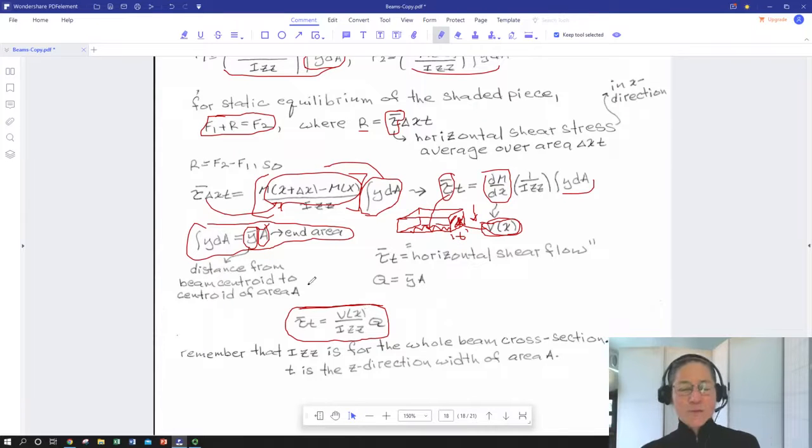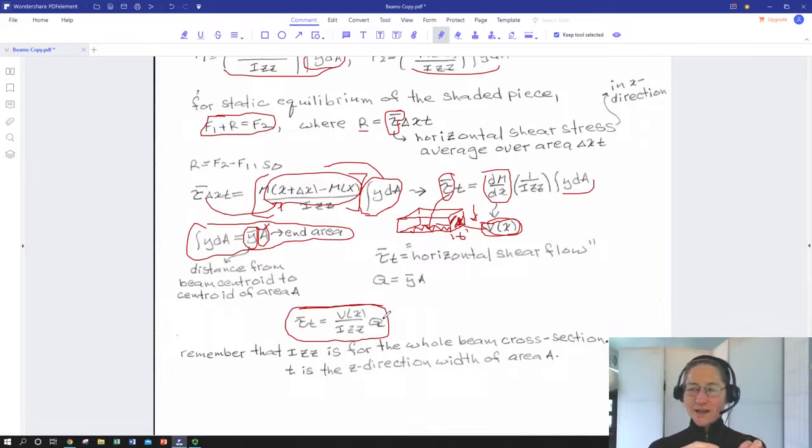integral of our distributed load, the moment of inertia of the entire beam cross section, and then this distance of the centroid of our shaded section versus the centroid of the entire beam cross section, and then the area of our little shaded slice. That's the Q factor up here.